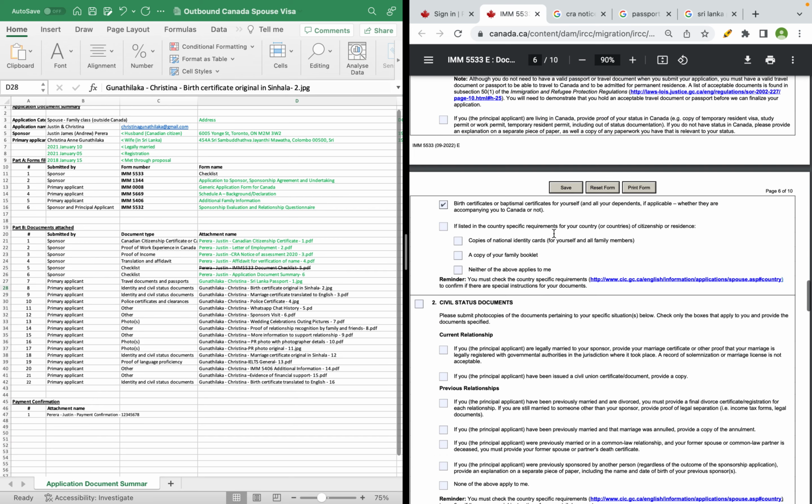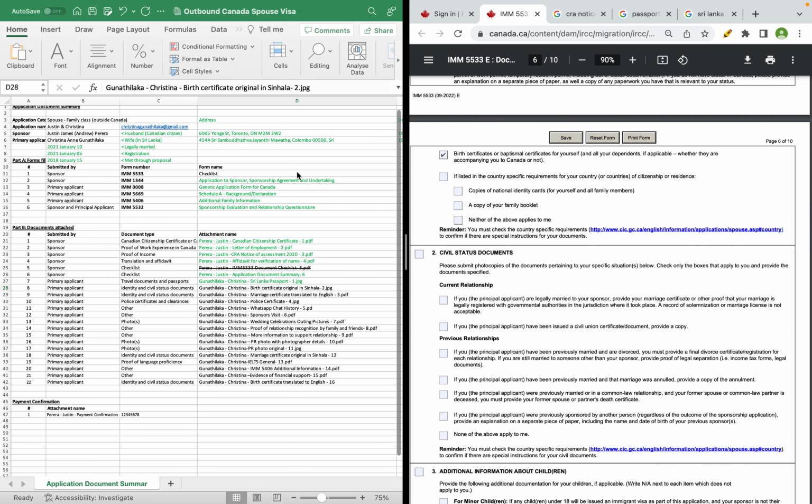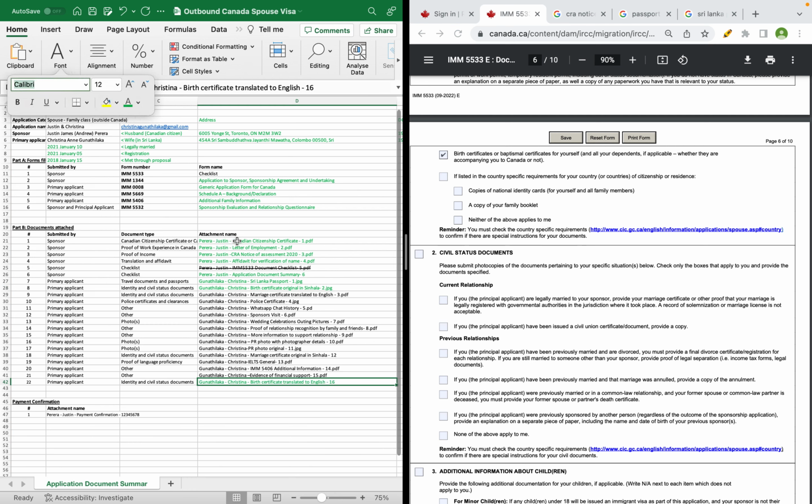So in my case, I provided the original birth certificate in Sinhala as well as the translated one. See, I have provided the translated one. Provide both of them.